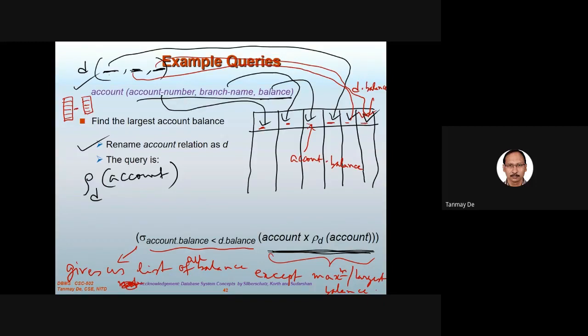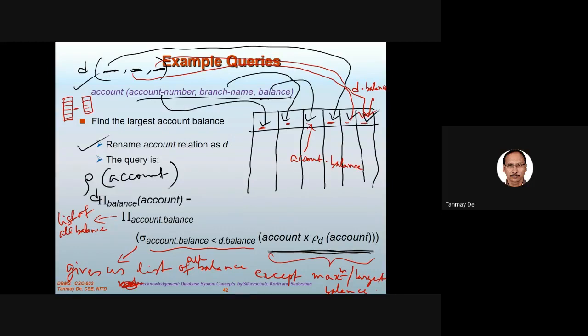So how do we get the list of all balances? By this. That means the result is the maximum balance or largest balance.